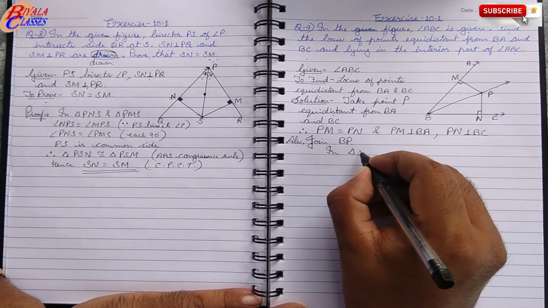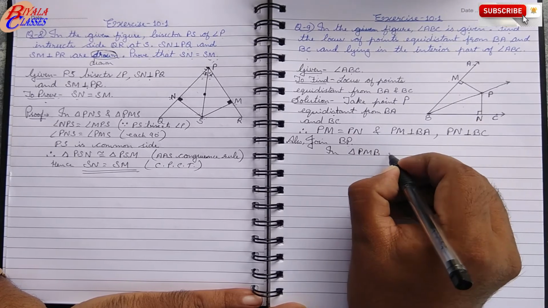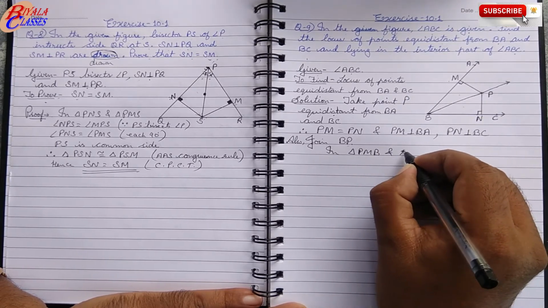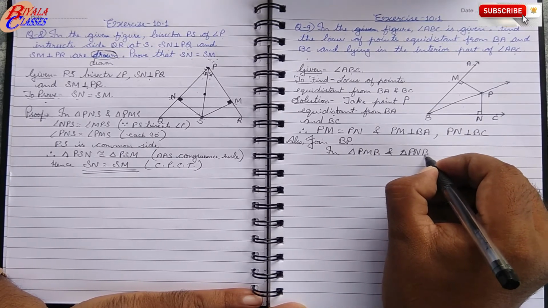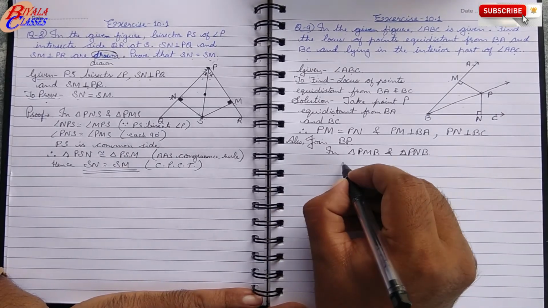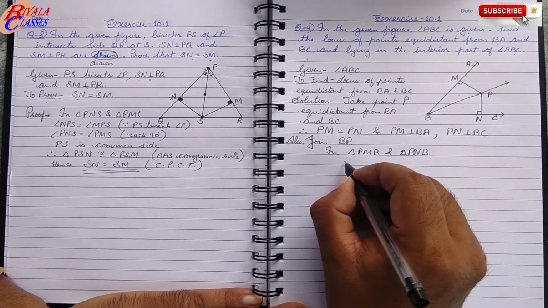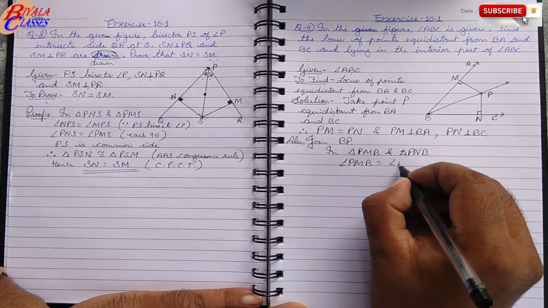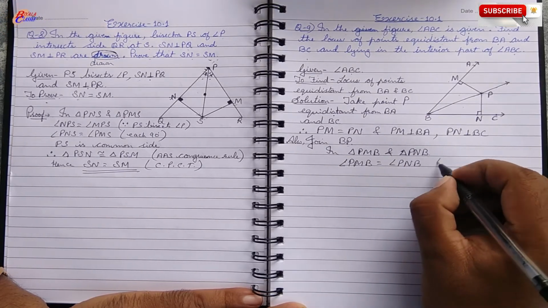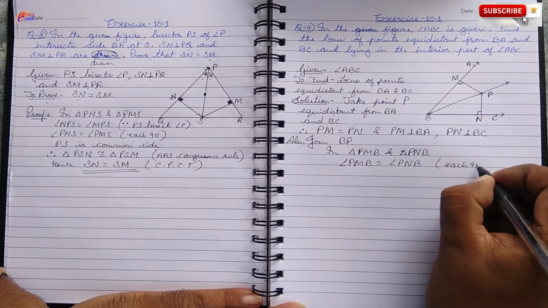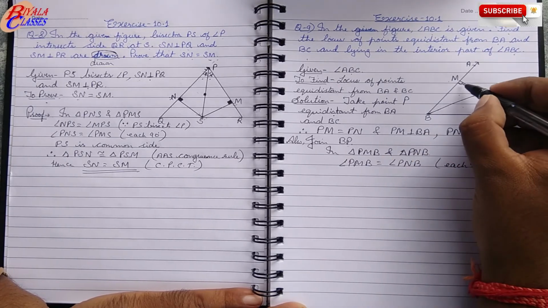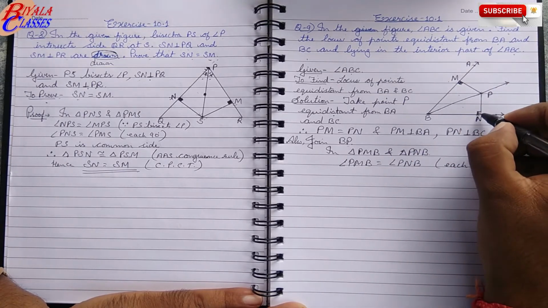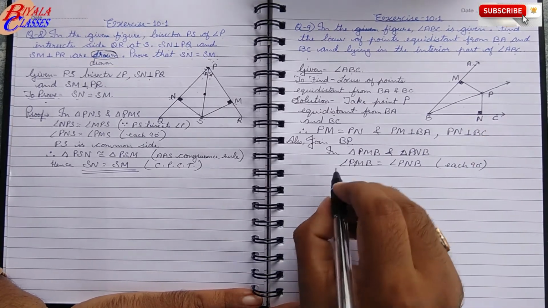So in triangle PMB and triangle PNB, what do we have now? We have angle PMB equal to angle PNB, each 90 degrees, because these are the perpendiculars drawn. So angle PMB and PNB, they are equal.